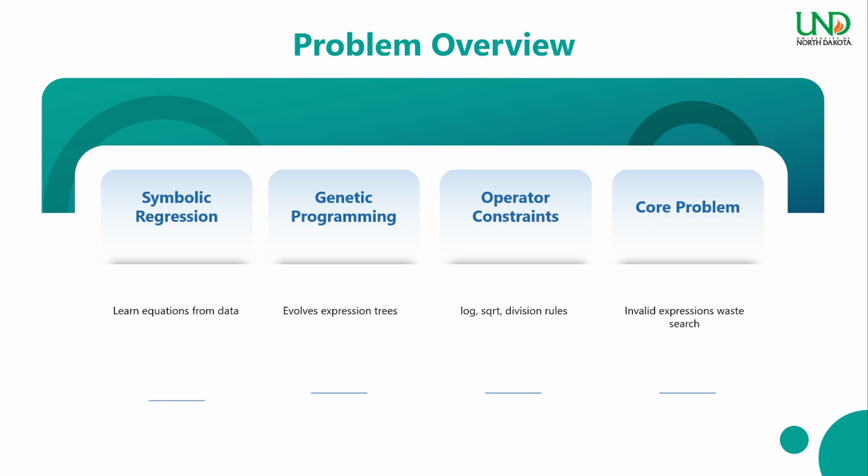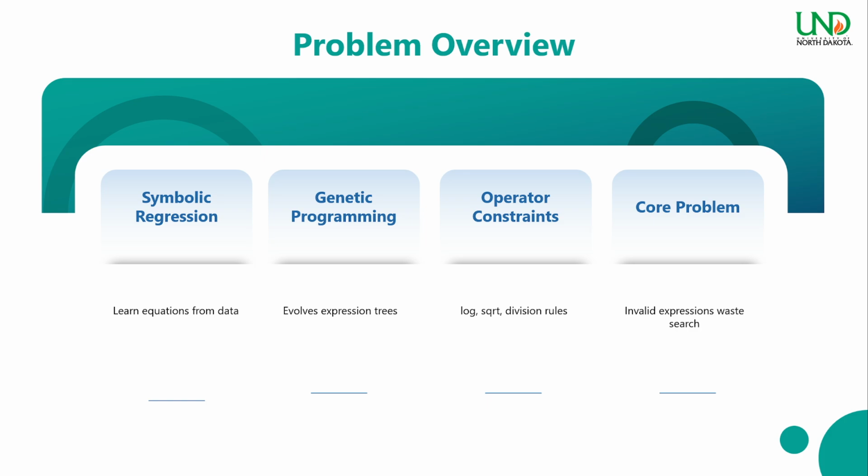So at a high level, the work's focused on symbolic regression, where the goal is to recover a hidden equation directly from the data itself. So we use genetic programming to do this, which evolves candidate solutions as expression trees made up of mathematical operators. The issue is that many of these operators come with constraints.